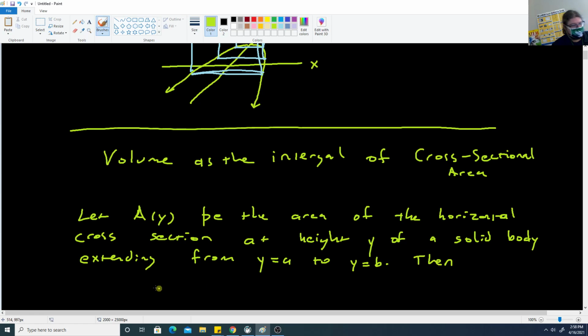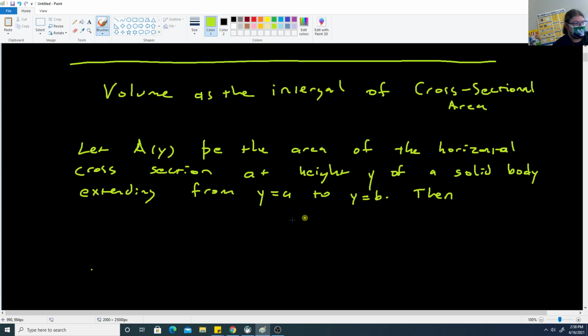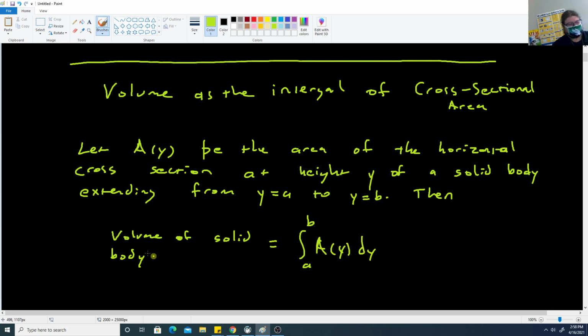Then we get the following: the volume of the solid body is going to equal the integral from a to b of the area with respect to y.